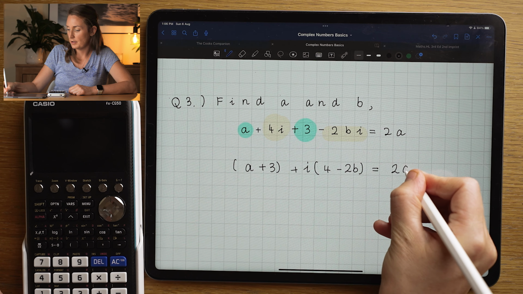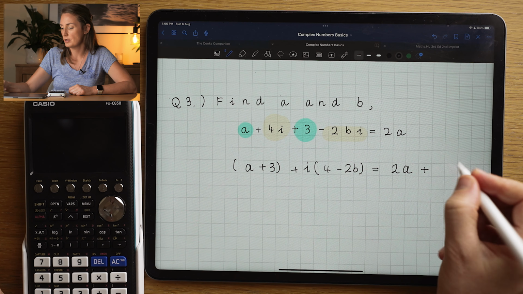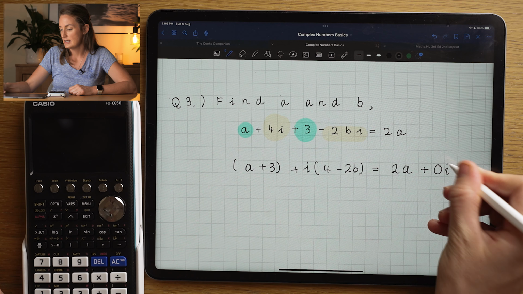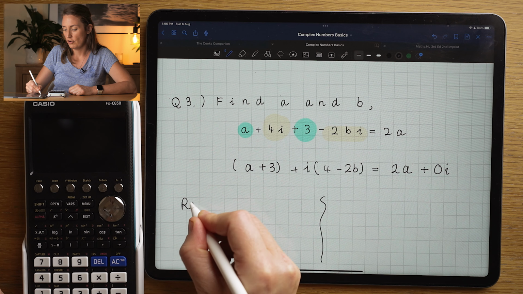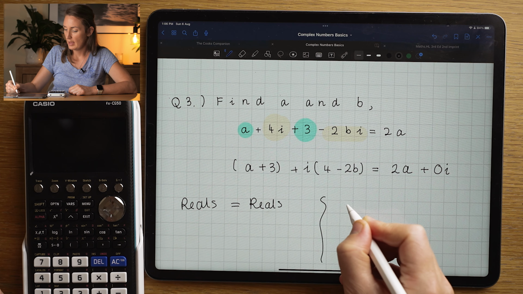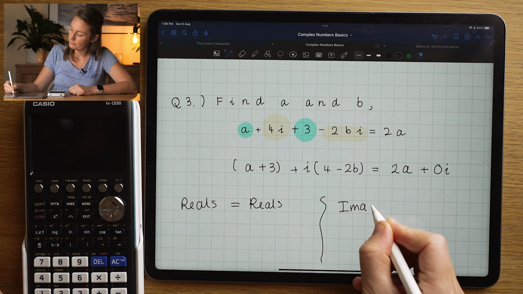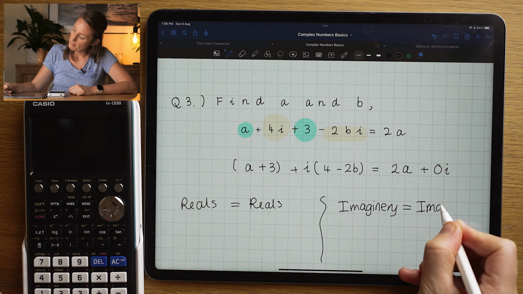And then you can set up an equation. It's useful to think on the right side there is no imaginary part, so you might want to think about that as 0i. And then you want to set up two equations where you have reals equal to reals and imaginary equals to imaginary.